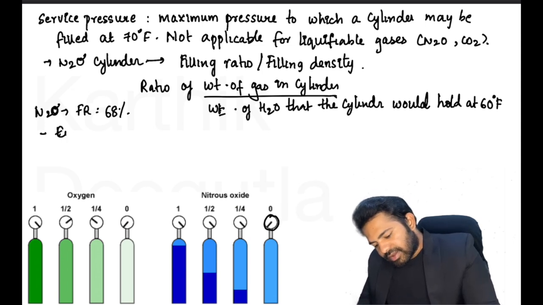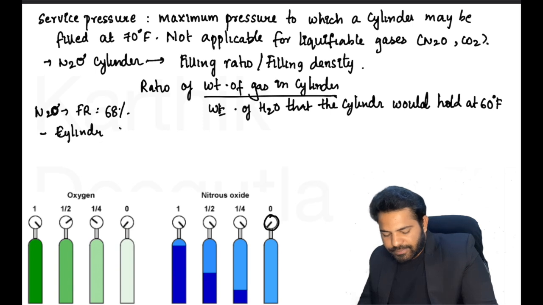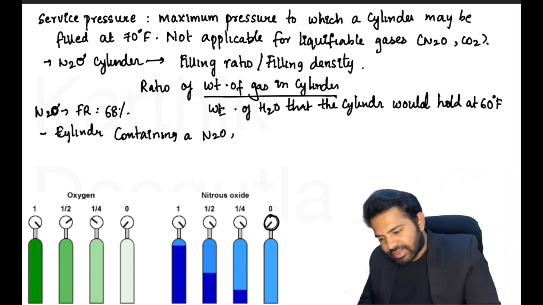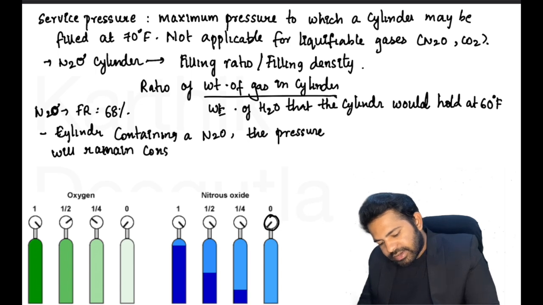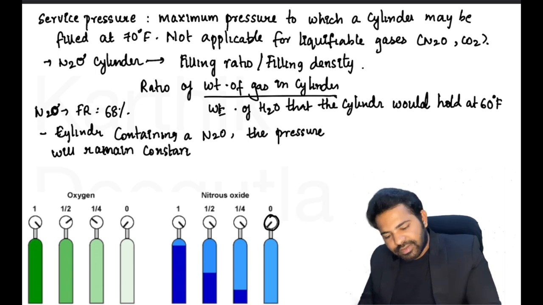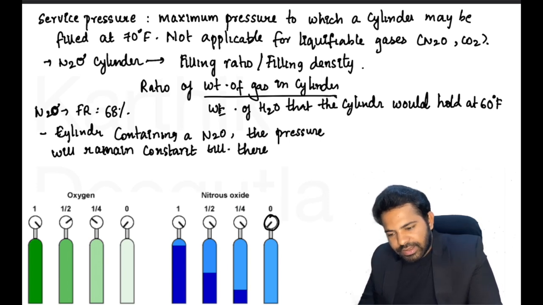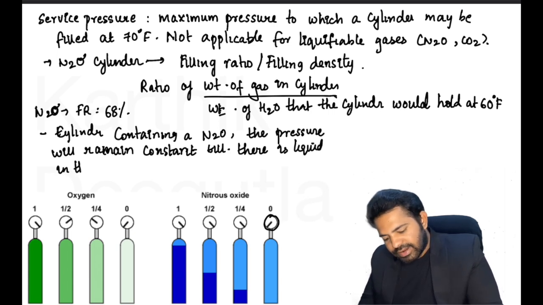Alright. So for a cylinder containing any liquefied gas, for example nitrous oxide, the pressure will remain more or less constant as long as there is any liquid in the cylinder.